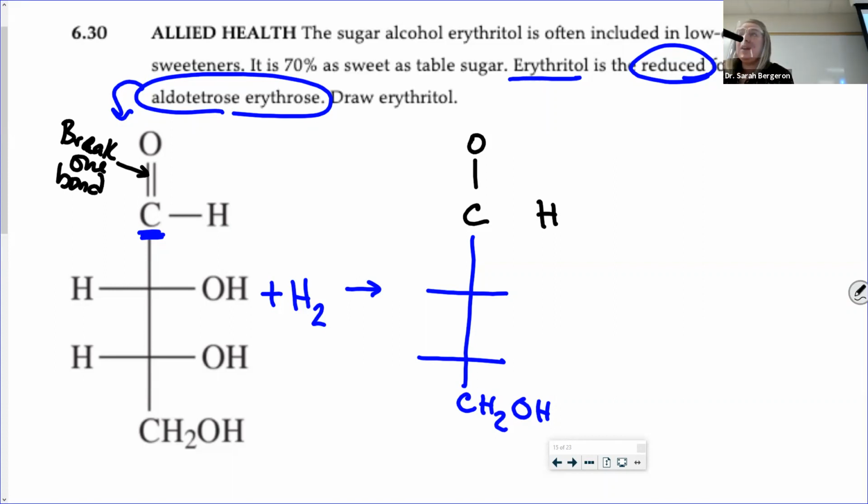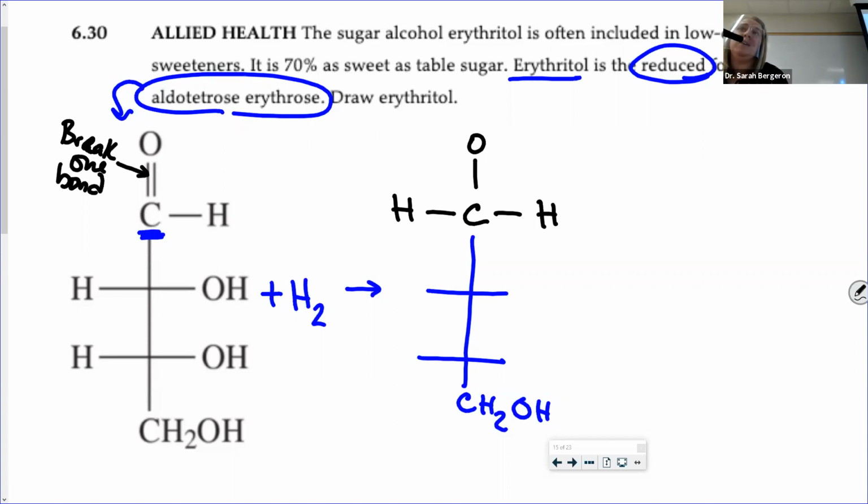It doesn't have a complete octet. It needs 4 bonds to have a complete octet. So I'm going to have to give it a bond, right? So now we have 4 bonds: 1 down to the carbon below, 1 to the hydrogen, 1 to the oxygen, and now we have an empty one. What is the only atom that we can add? Hydrogen. We can only add hydrogen.